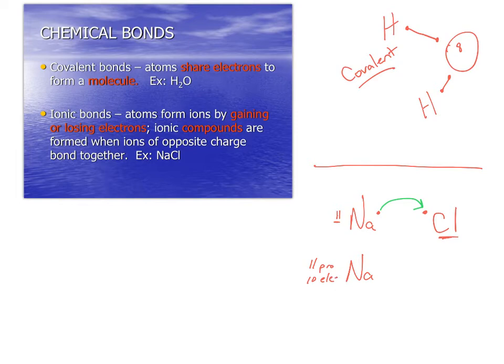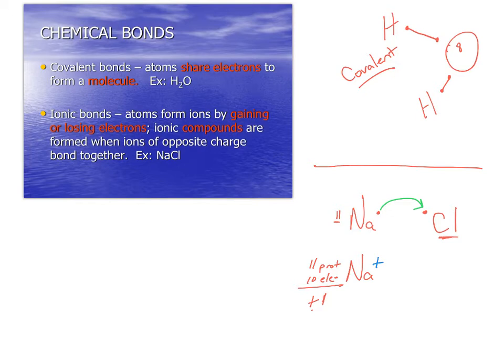So electrons are negative and protons are positive. So that leaves you with a +1 charge. I hope that makes sense. So sodium has a +1 charge. So it's sodium +1.